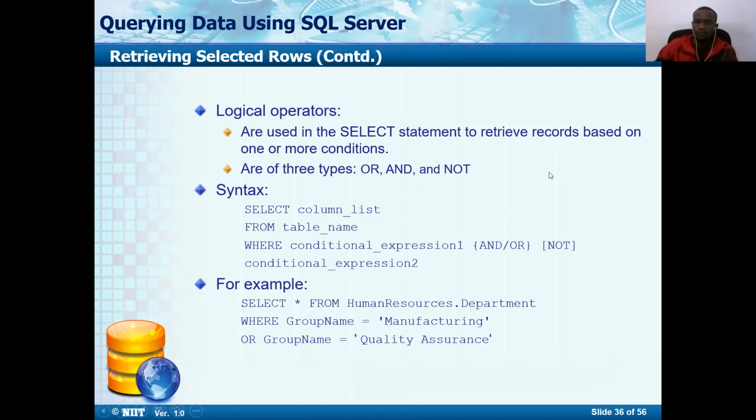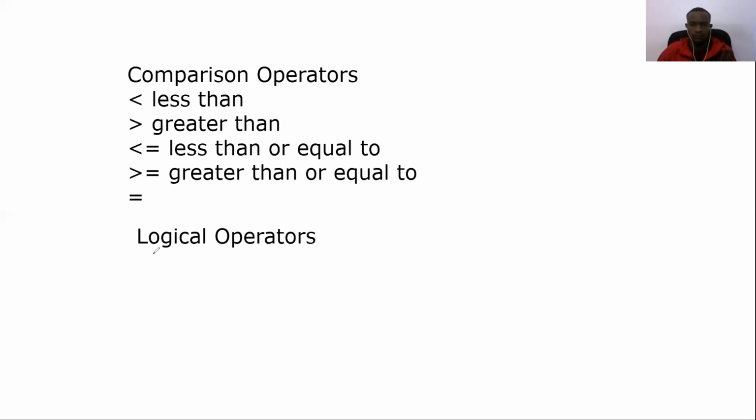There are three types of logical operators. There is OR, AND, and the third one is NOT. I like to think of these operators in this way. The OR operator is like a union set.